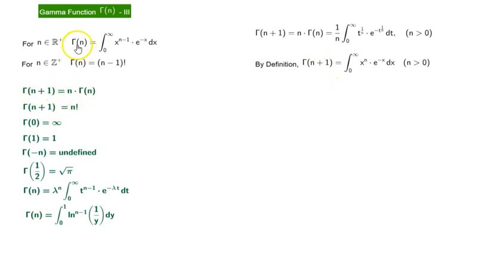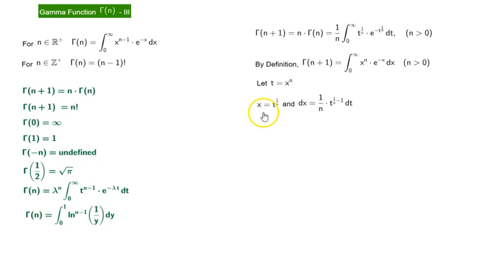Now, instead of starting with gamma of n, we are starting with gamma of n plus 1, which is equal to the integral from 0 to infinity of x to the power of n times e to the power of minus x dx. Now here let t be equal to x to the power of n, which means x is equal to t to the power of 1 by n.